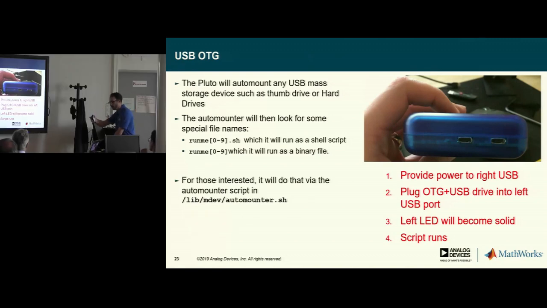And then I can plug in a USB dongle, like an Ethernet device, Wi-Fi dongle. We can run scripts from USB devices as well. If they have this special name, run me, on them, Pluto will just run them automatically. And this is great for doing captures standalone. You don't need a PC connected to it.